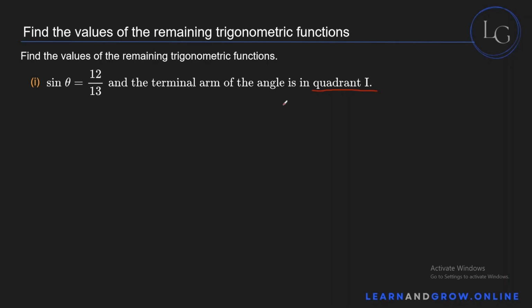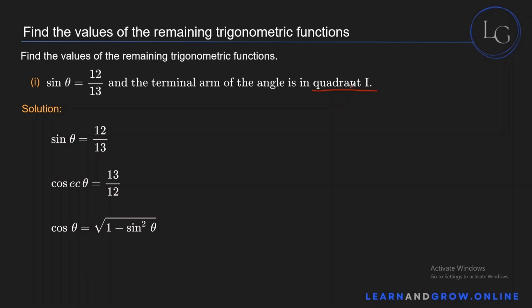If for example it was in quadrant 2, then only the sine functions and the cosecant functions would be positive. The rest would be negative. So sine theta is 12 by 13, so cosecant theta is 13 by 12. Cos theta is equal to the square root of 1 minus sine square theta.